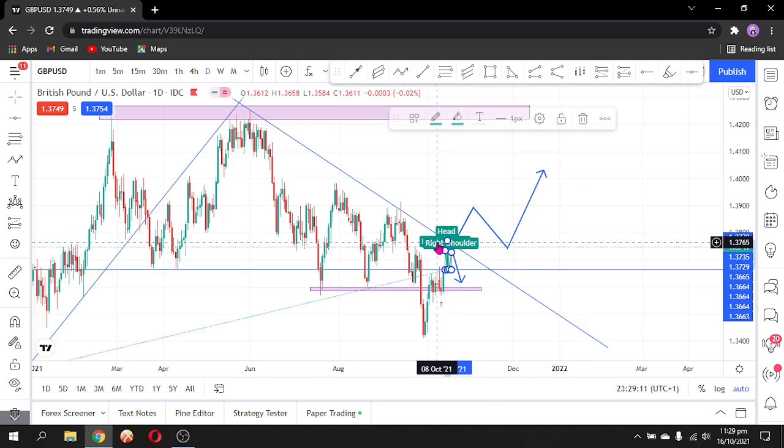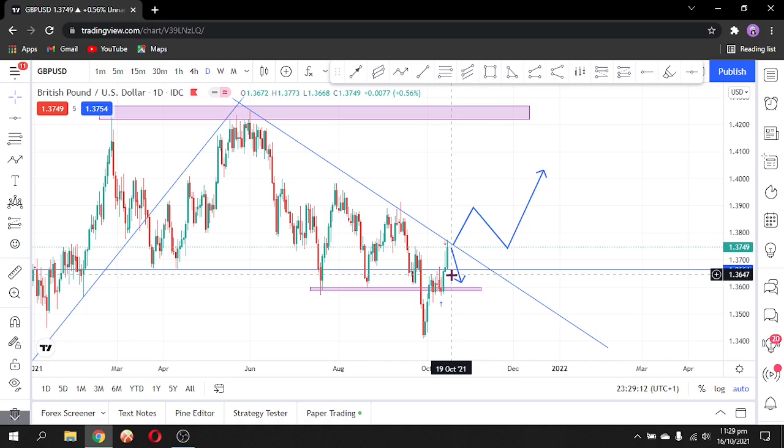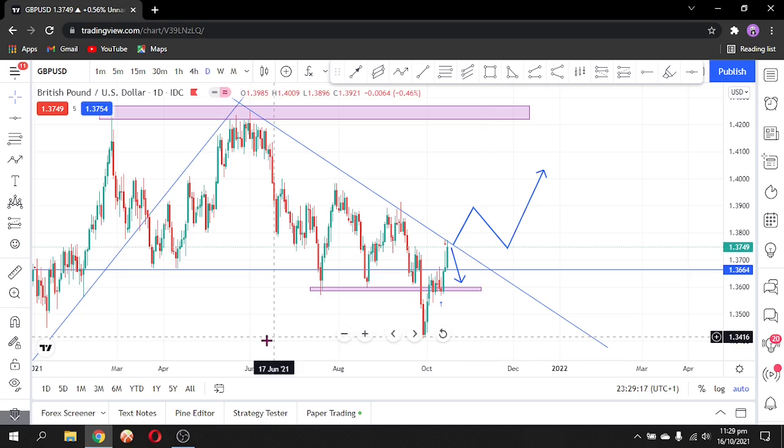If it decides to break this resistance, then it will break this bearish structure that we had since June this year.